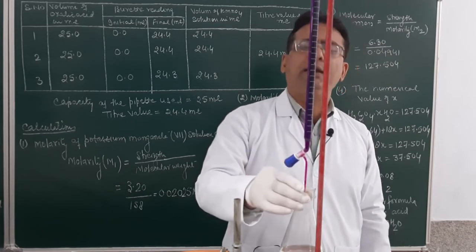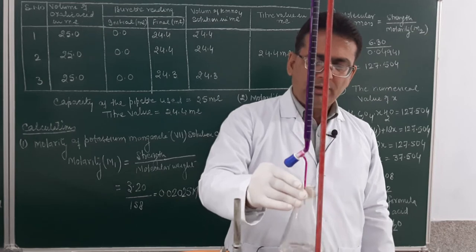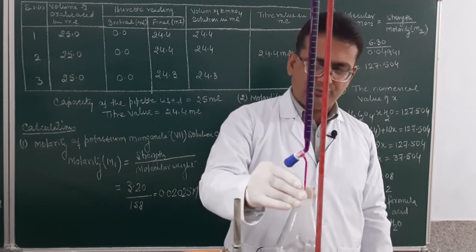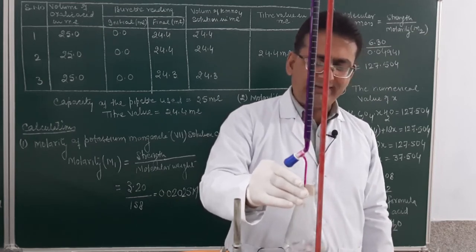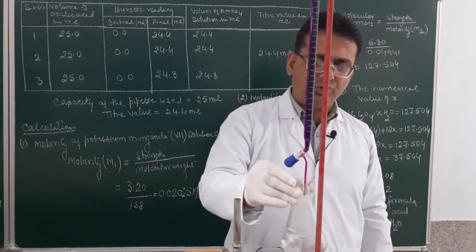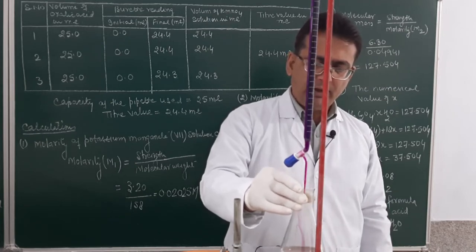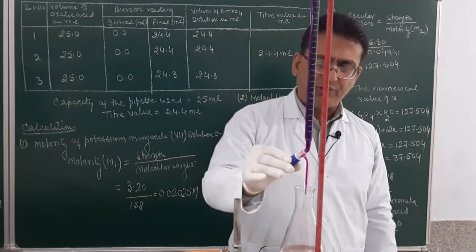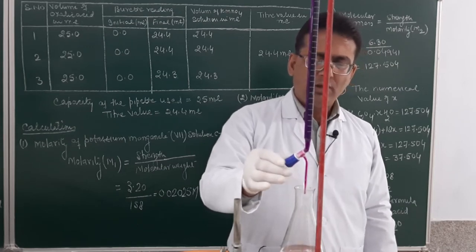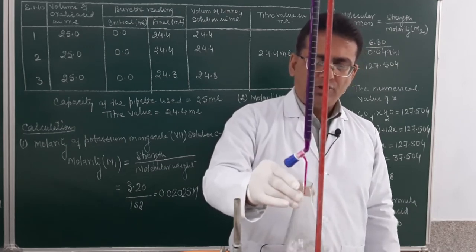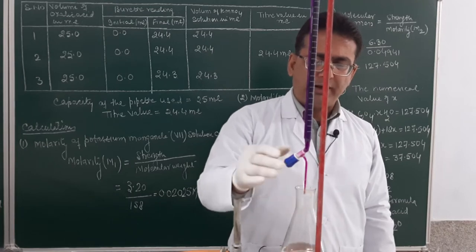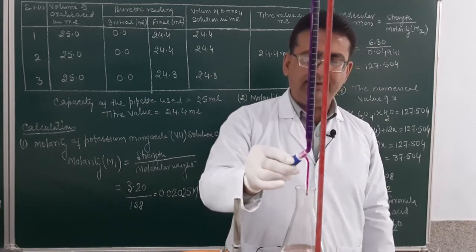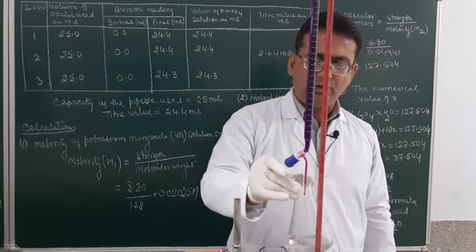I will continue adding it in a drop-wise manner till I obtain the titer value. You must remember, although I will be demonstrating to you with only one titer value, you have to conduct the same procedure at least thrice till you obtain two concordant readings. Concordant reading means a common reading over here.